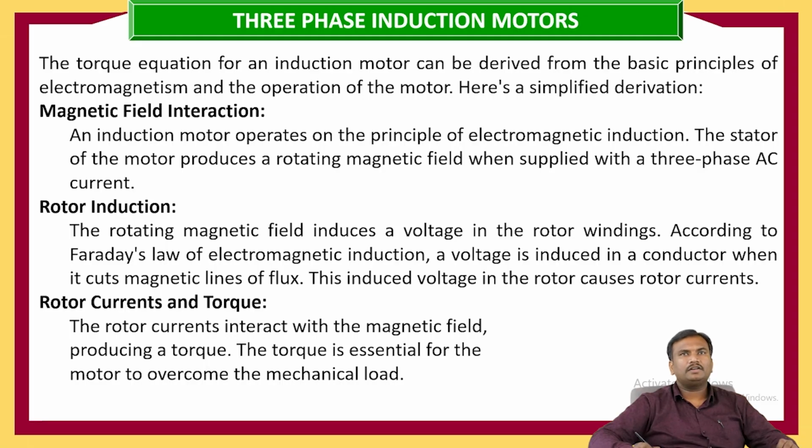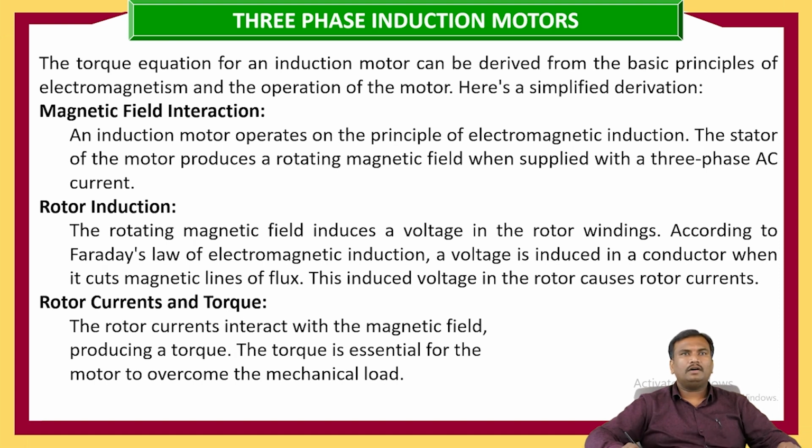The torque equation of induction motor can be derived from the basic principles of electromagnetism and the operation of the motor. Here is the simplified derivation. The first point which we need to consider for generating the torque is the magnetic field interaction.